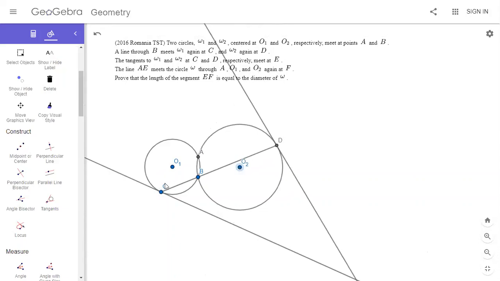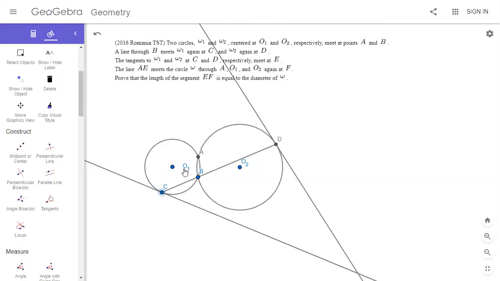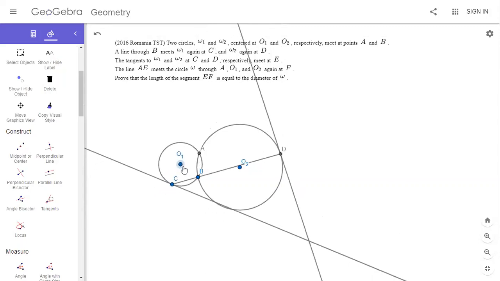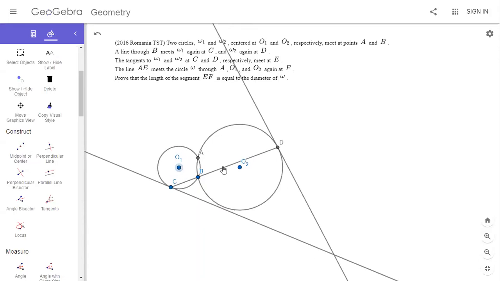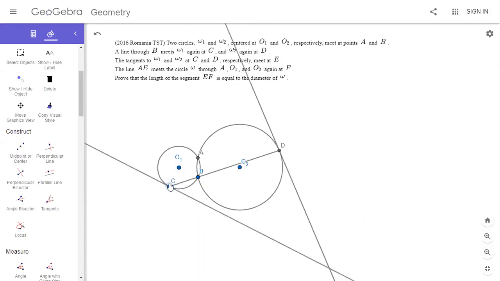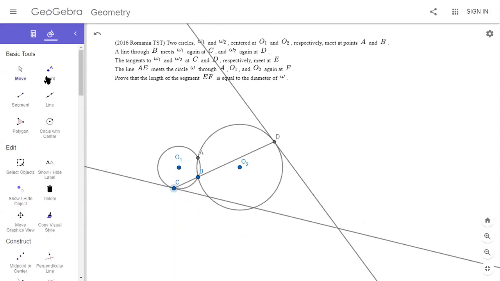Yeah, we just have to make these small enough so that you can see the intersection. I guess that looks fine, right? So we call E this point.